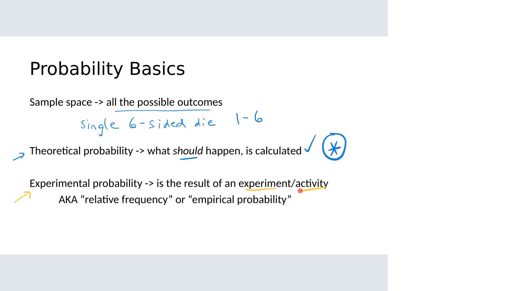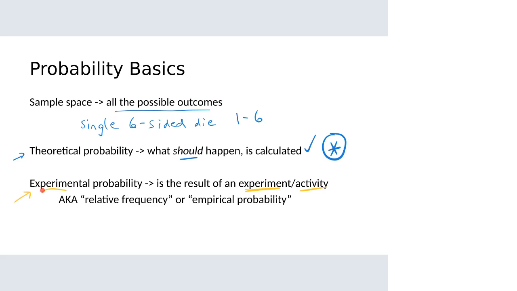Well, I have no idea what the probability of that is. So instead of trying to calculate it, we would actually do the experiment. We would flip the tack over and over and over and record how many times it landed pointing straight up and how many times it didn't. And we would use that experimental data to get our experimental probability.